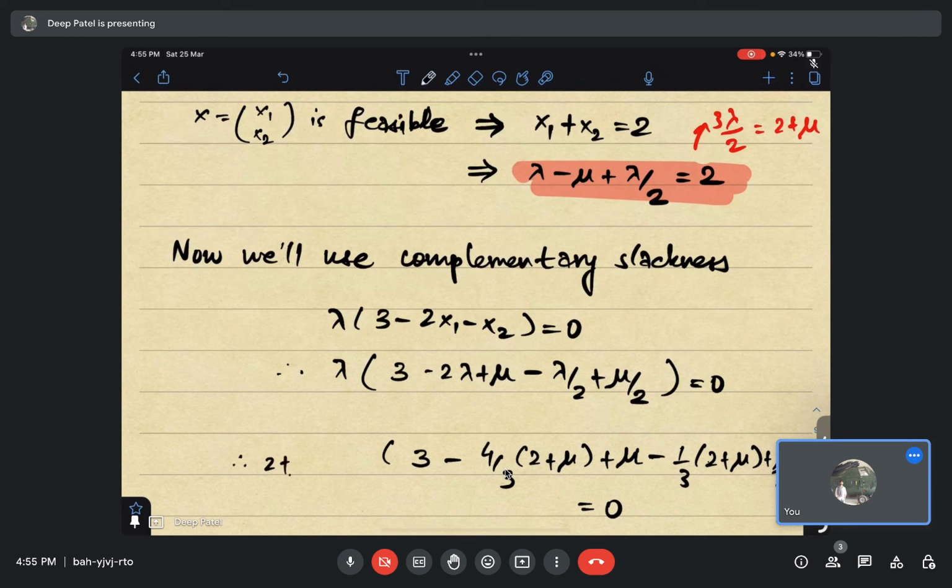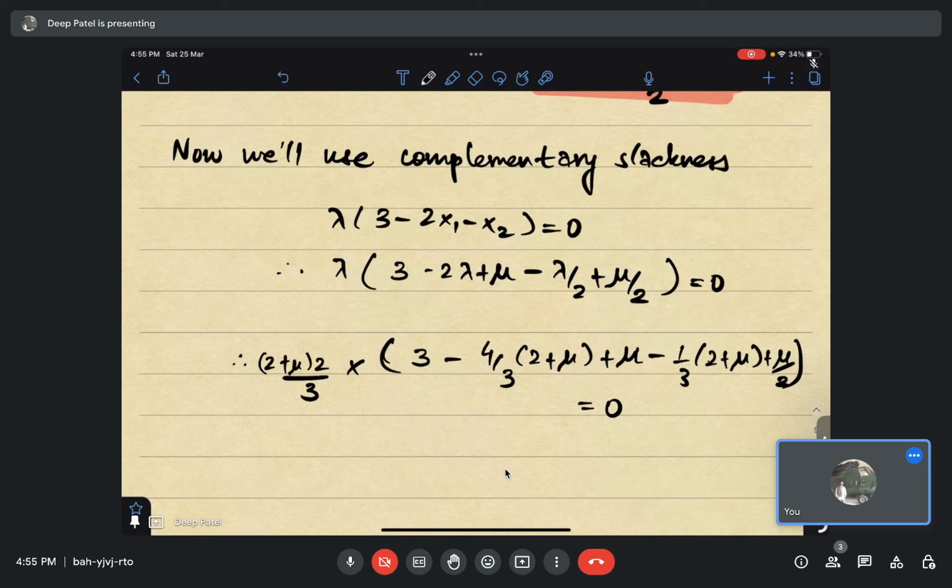Is that fine? So now we simplify. 2 plus mu comes out as a factor. I'm not sure, I'm just writing what I got directly. I may be wrong in this, just check it out.